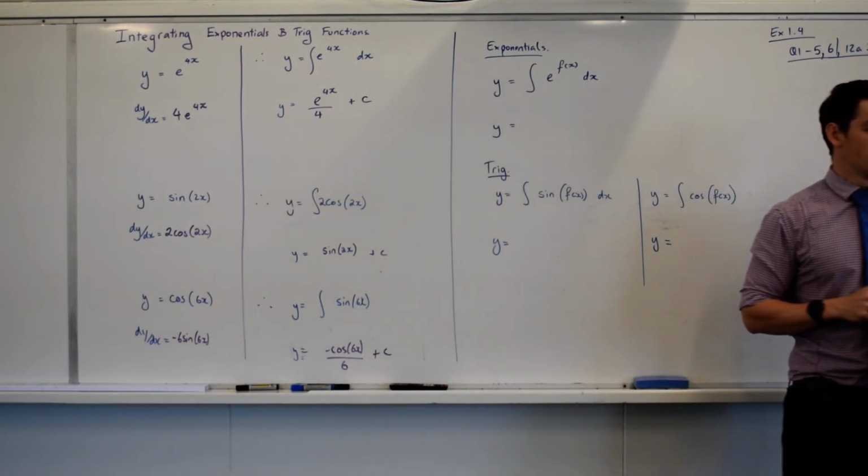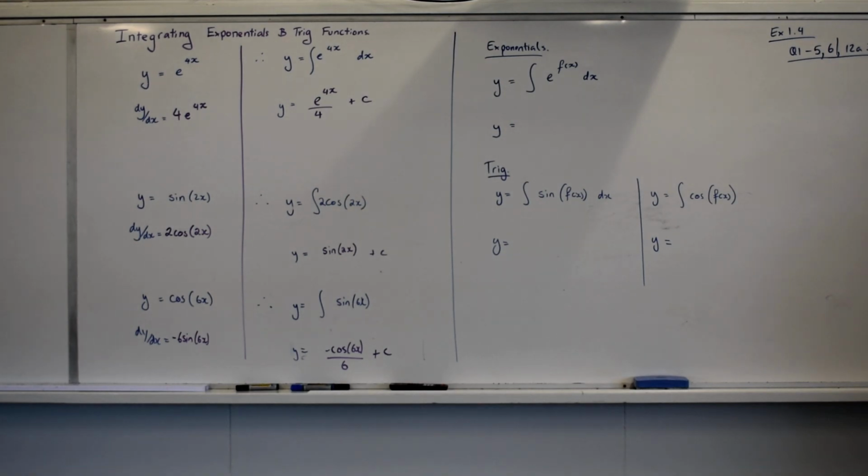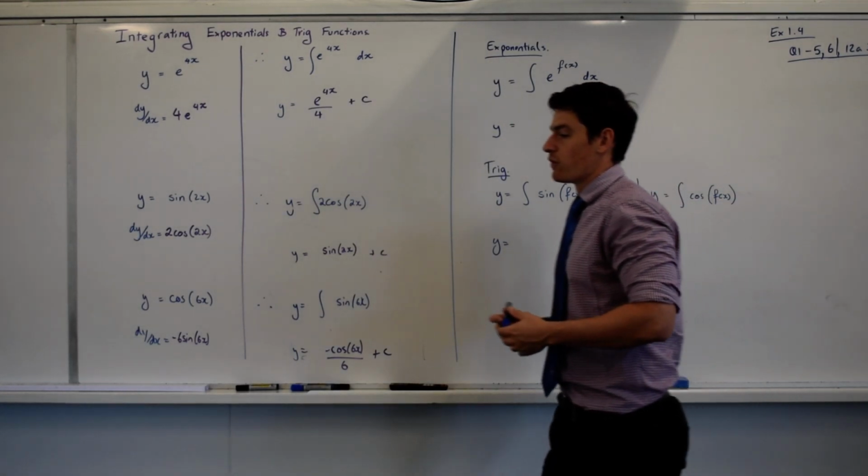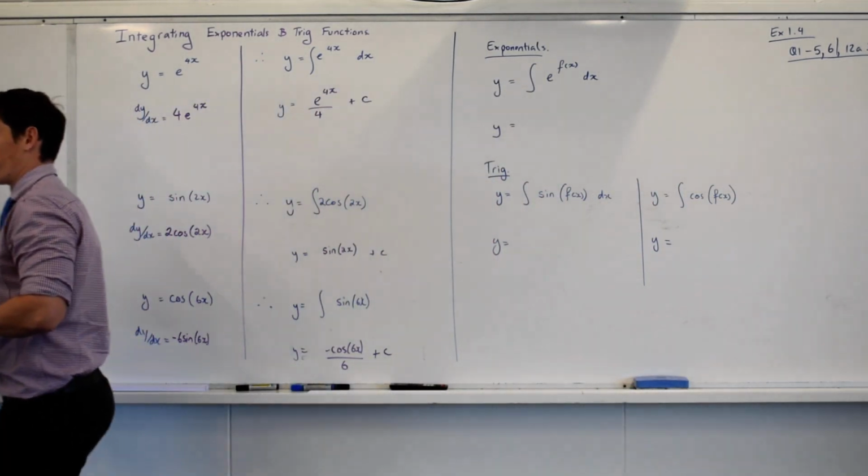Now, I'm of the belief this is how they should come, but it's not how they come on your formula sheet. But it's one of those things where if you need to look at it, you probably haven't done enough practice.